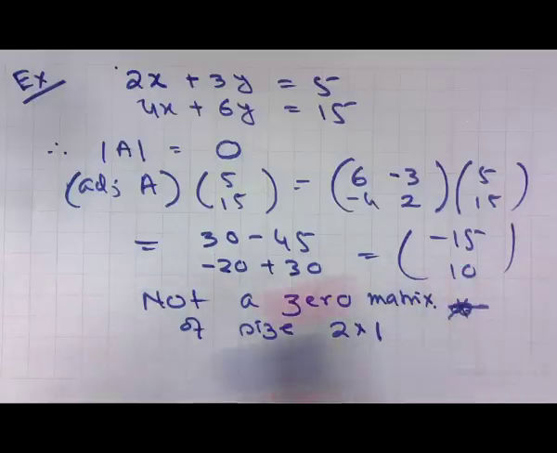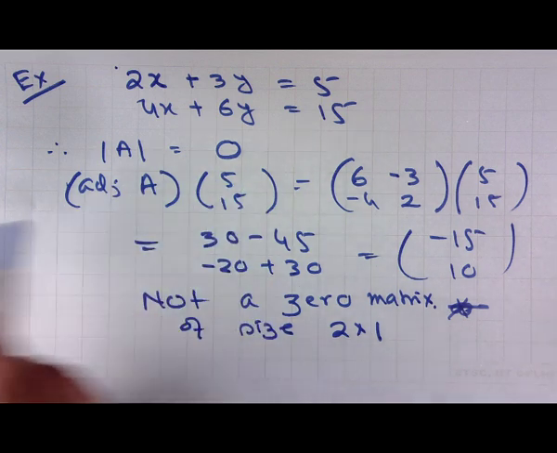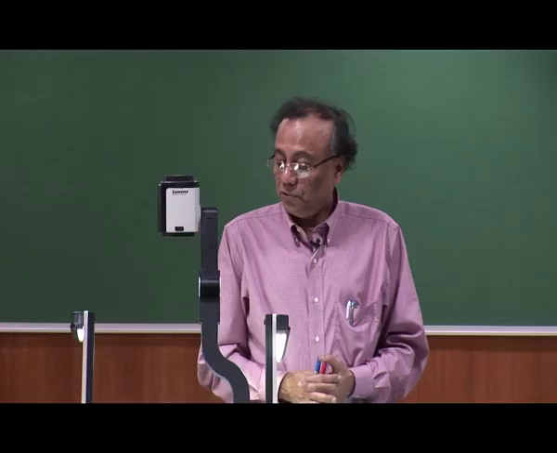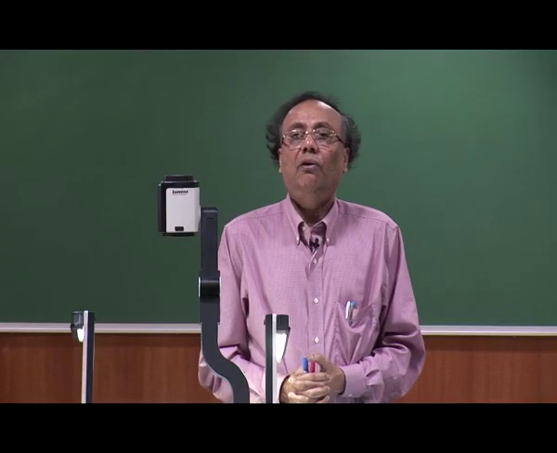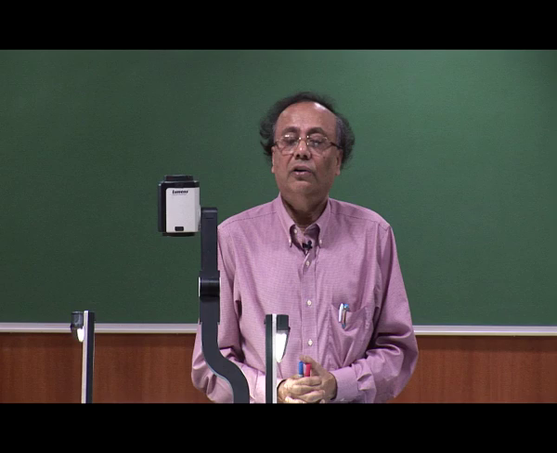Therefore, determinant of A is 0, but adjoint of A multiplied by B is non-zero. Therefore, there is no solution to this system of equations, or this given system of equations is inconsistent.